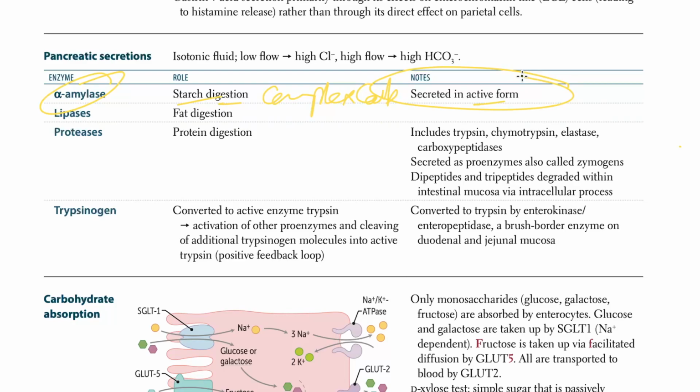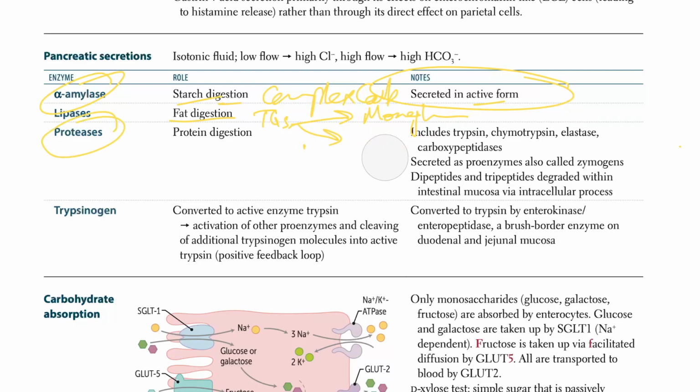Lipases, fat digestion. Okay. How? Just think about triglycerides. Remember, we need those lipases, which act on these triglycerides and convert them into free fatty acids and monoglycerides. Those are the lipases.